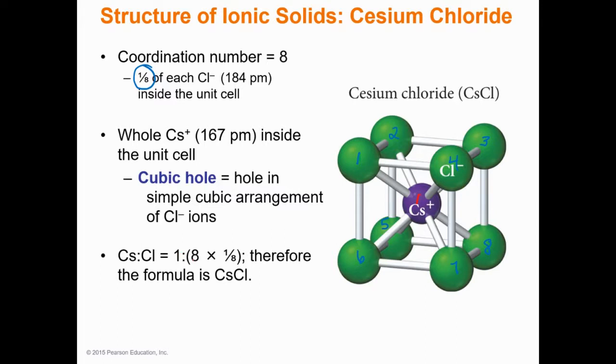So in this case, if we have 8 as a coordination number for the chloride ions, and 1/8 of them is there, 8 times 1/8 is 1, right? Just a throwback to math. 8/8 is 1. So my cesium, of which there's 1 there, to chloride ions is simply 1-to-1, so you can predict the formula to be CsCl.